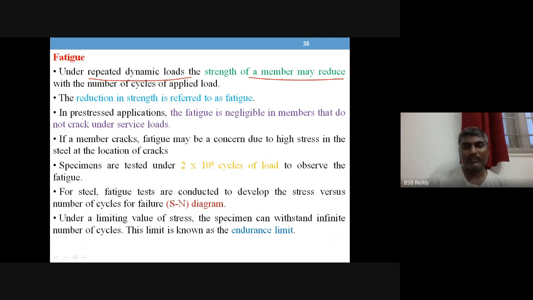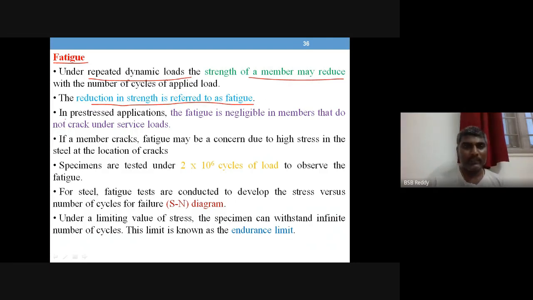Instead of loading once and checking its strength, say you put a load on a member and measure its strength, and you get some value X. If you apply the same load repeatedly, maybe 1,000 times, 10,000 times, 1 lakh times, the member may not take that much load. That is what is called fatigue strength. The reduction in strength is referred to as the property called fatigue.